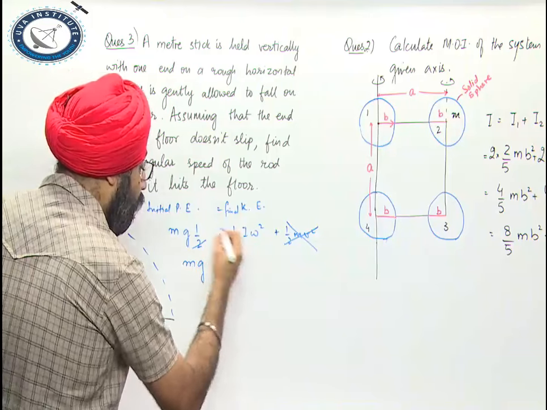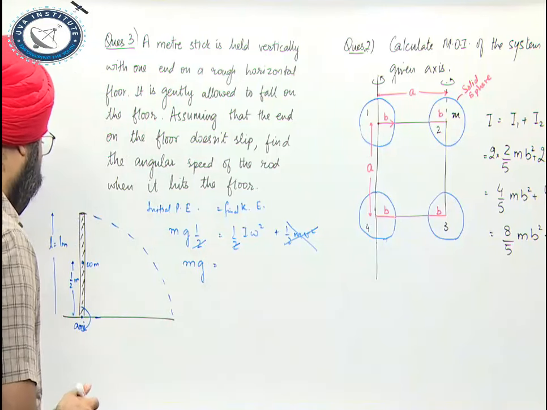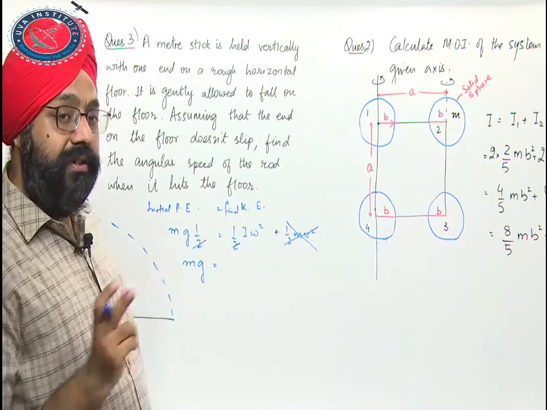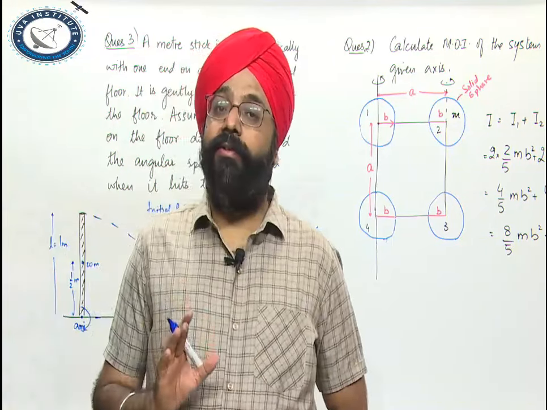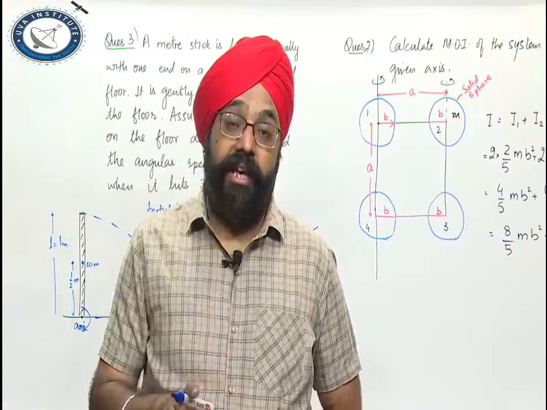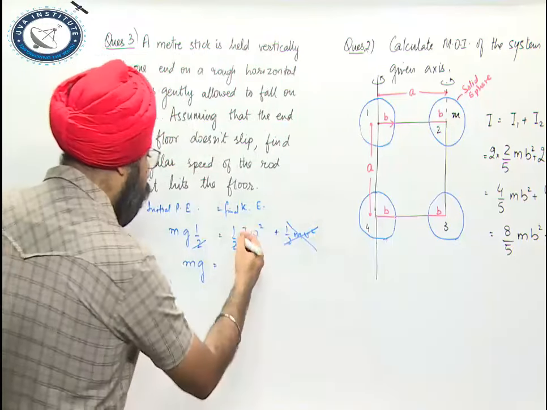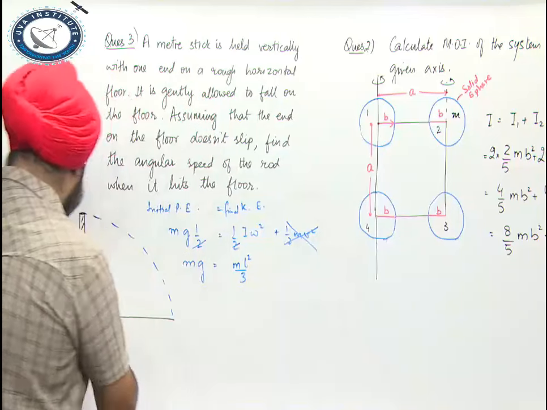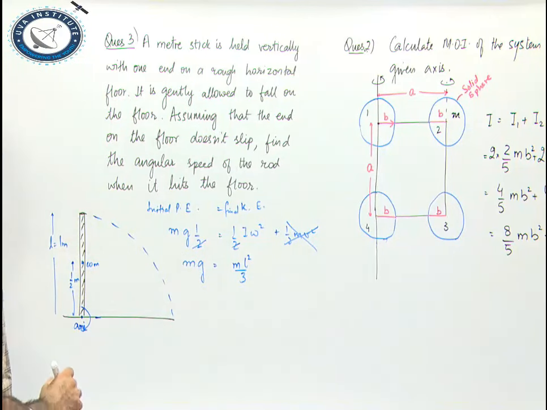So m g L by 2 equals half I omega square. I is the moment of inertia of this rod about the axis of rotation, which is the edge, and the moment of inertia about the edge is m L square by 3. It's not m L square by 12. So I is m L square by 3. Since it is a meter stick, L is equal to 1, so I substitute L equal to 1 in the next step.